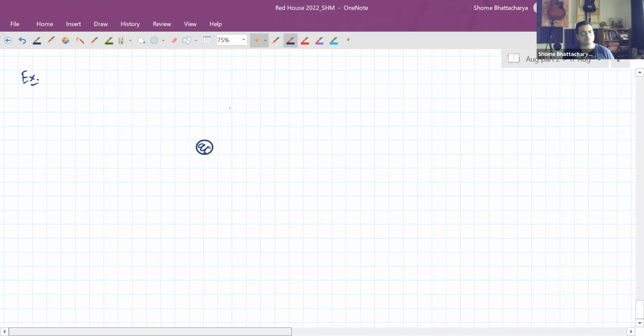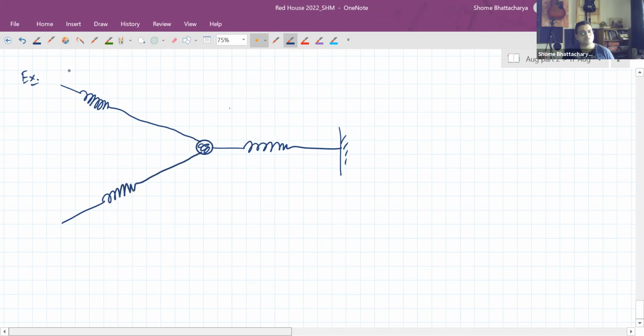Suppose we have a smallish object like a particle, more or less, attached to one spring which is attached to a wall on this side, but there are two other springs attached like this, and they are attached to two fixed walls.